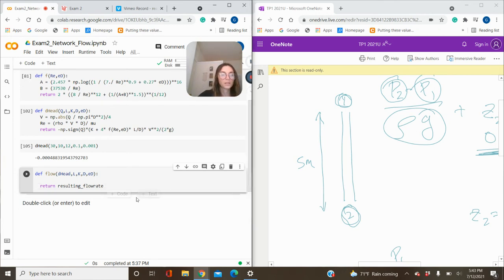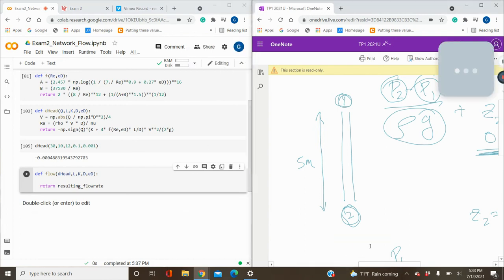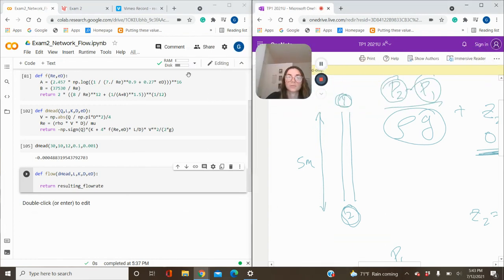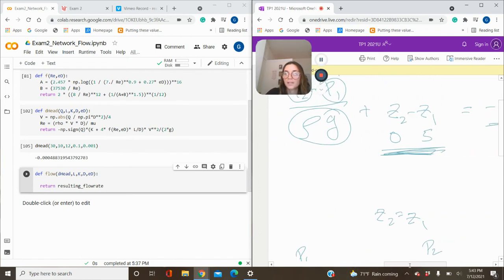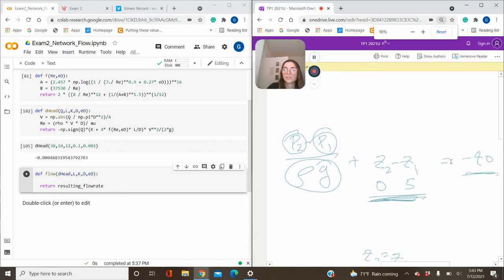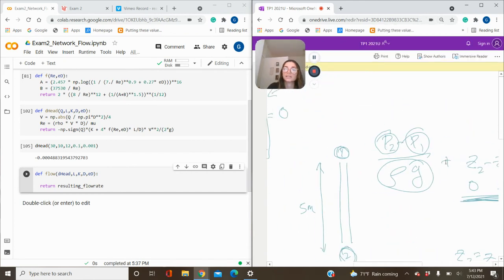All right. So we're going to put defining or calculating our function for our flow rate on hold because we have to think about our delta head and our function in a steady state.